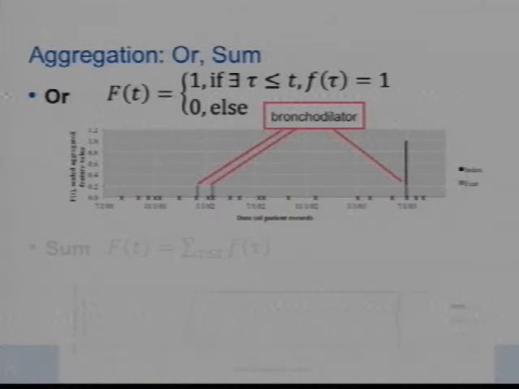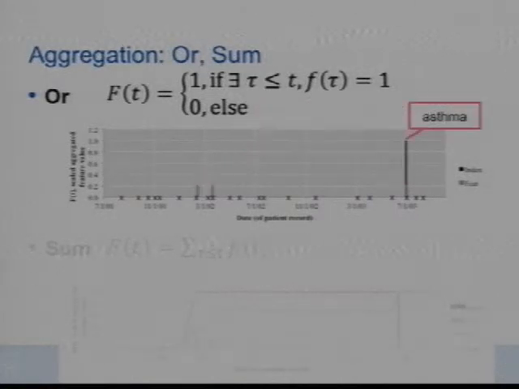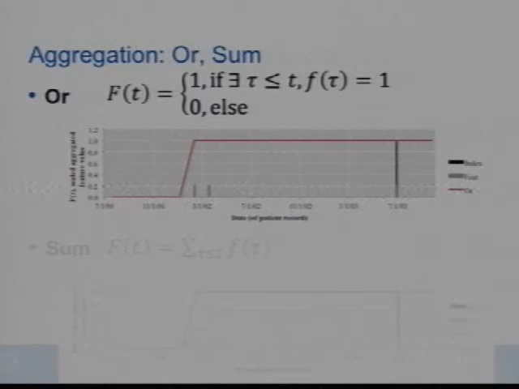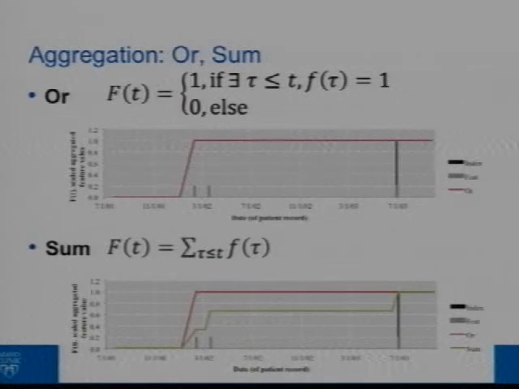The OR method, the OR algorithm, is really the simplest algorithm possible. The first time that I see bronchodilator use, I'm going to say, "Hey, that's asthma," and we'll weight that against other features, but it's basically a unit step function, right? Another very, very simple way to do aggregation of evidence is just to sum the data.